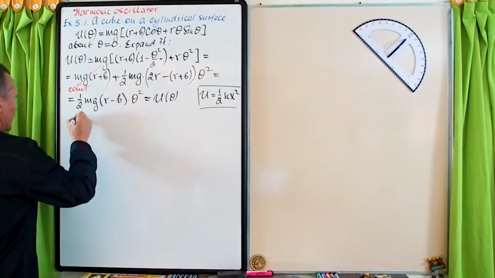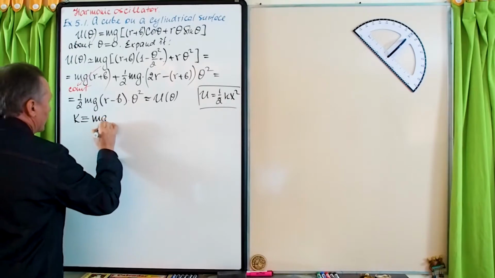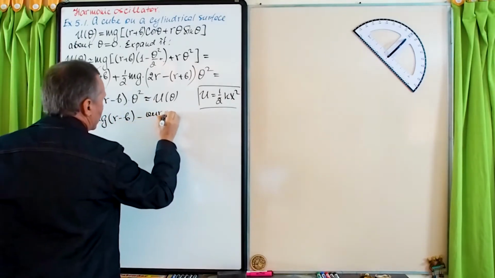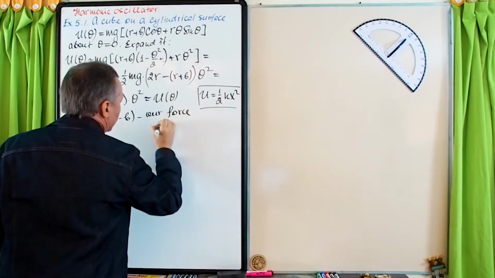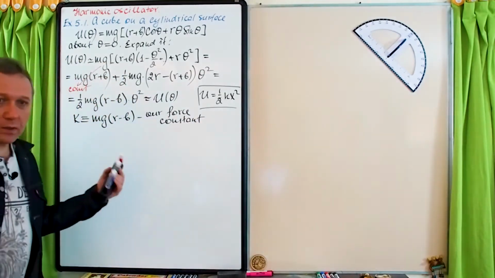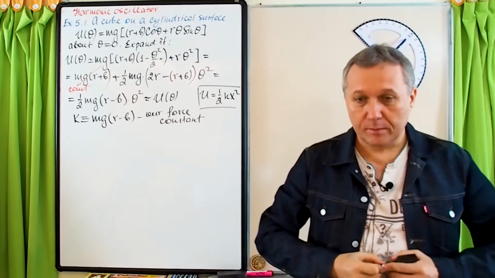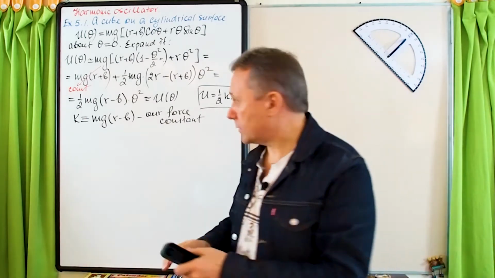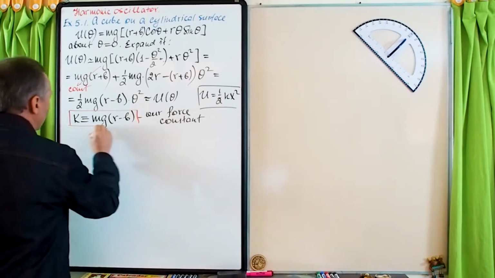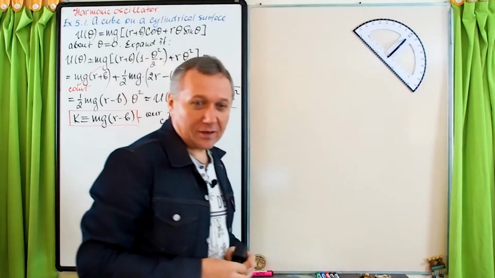So k, our force constant, is mg (r minus b). For different systems k can be different; it depends on the system. In this case, it's mg (r minus b).